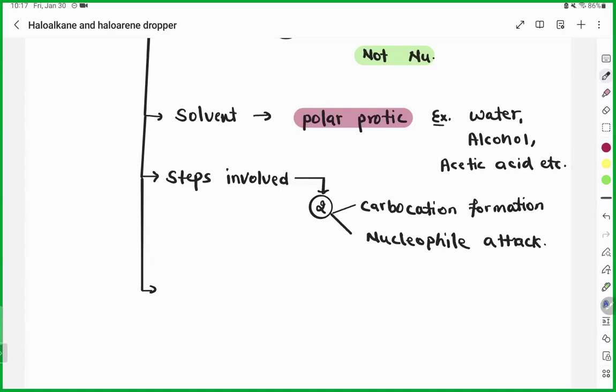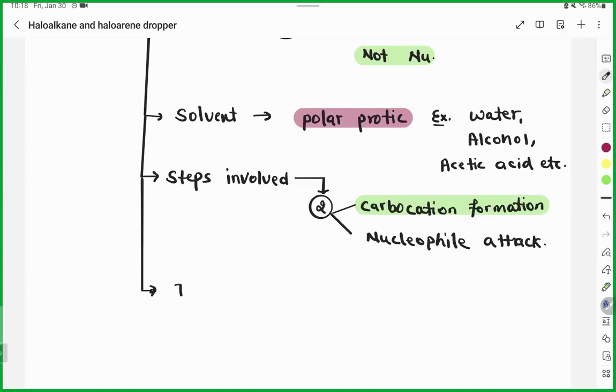Yes, Anvita, you were asking something. So the carbocation formation is the RDS step, right? Yes, RDS step is carbocation formation. Chandana, was intermediate formed in case of SN2 reaction?